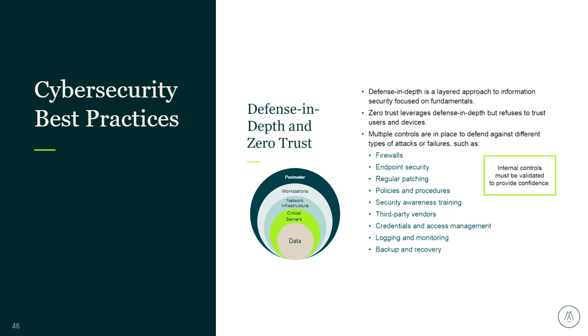Zero trust leverages defense in depth but refuses to trust users and devices. So it's just that really strong firewall or other control, and then multiple controls are in place to defend against types of attacks or failures, such as, and you'll see a variety of those listed there, firewalls, endpoint security, regular patching, etc.